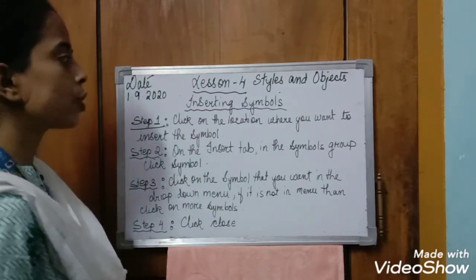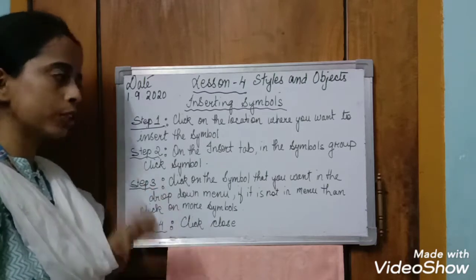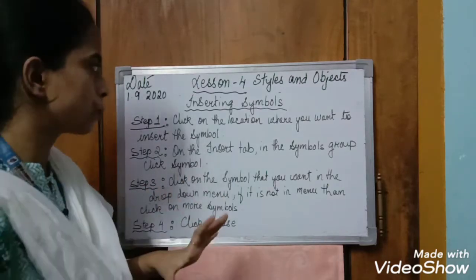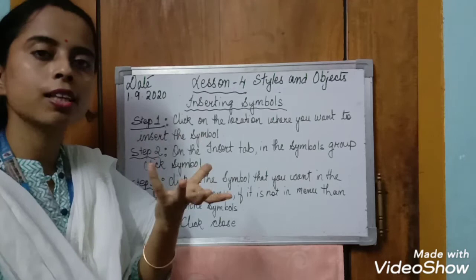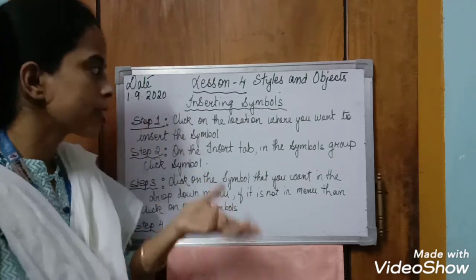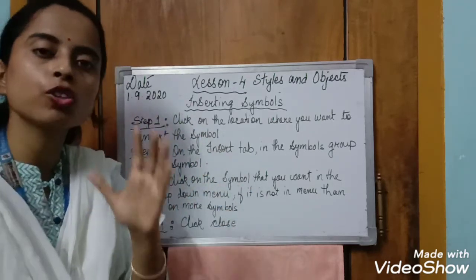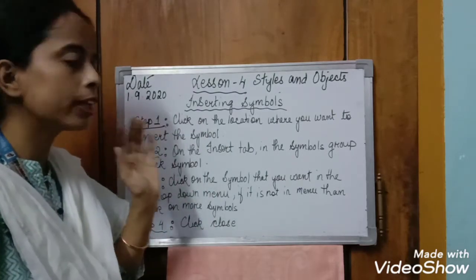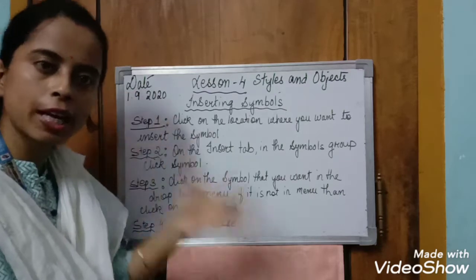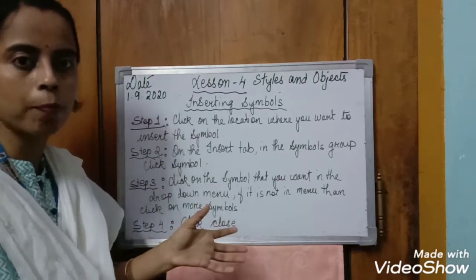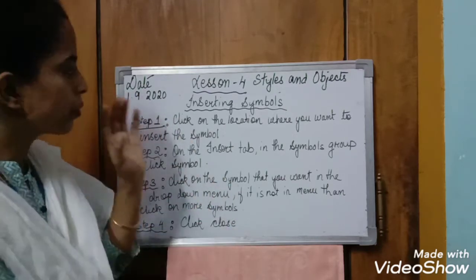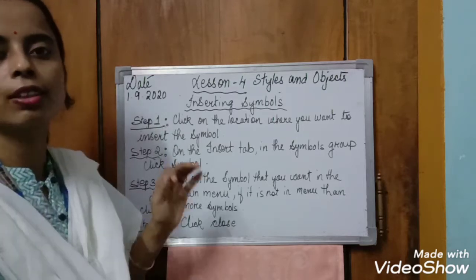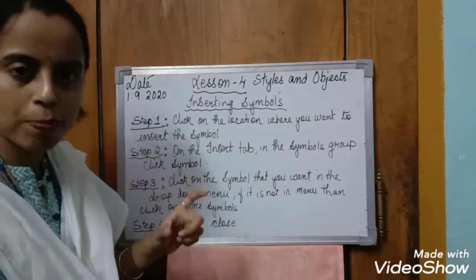Alright, children? So, in today's class, only the introduction part, how to insert shapes and symbols in a Microsoft Word document, I have explained. Children, kindly go through it and try it practically, then you will know how to insert shapes and symbols.